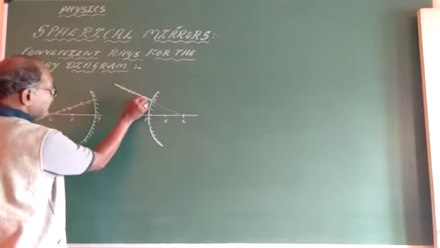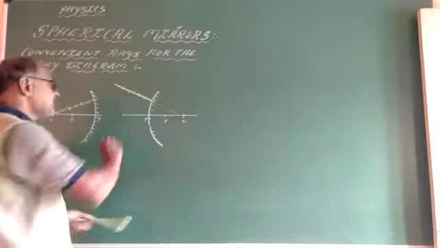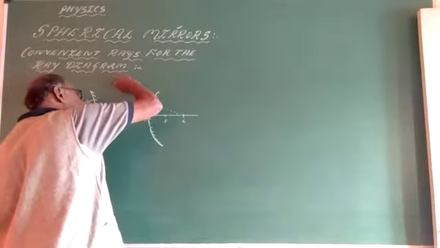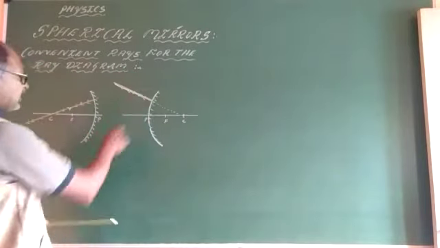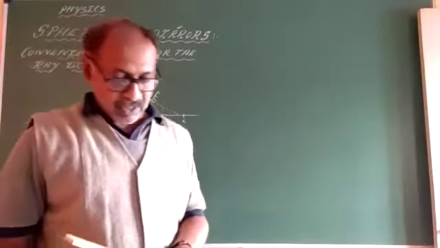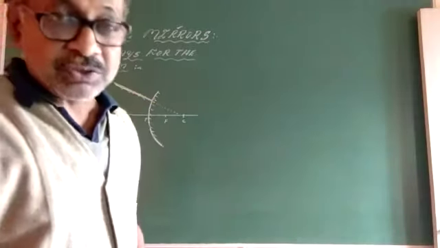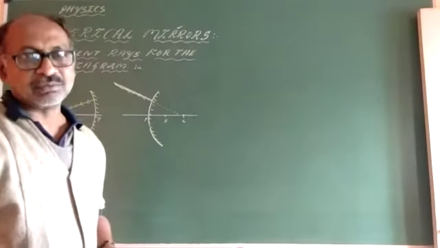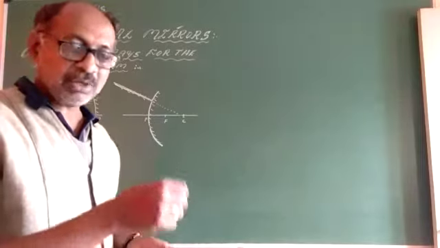You remember the same path. This is the incident ray, and here the reflected ray. So what is the first and foremost thing? The incident ray passes through the center of curvature. The reflected ray is in the same path.